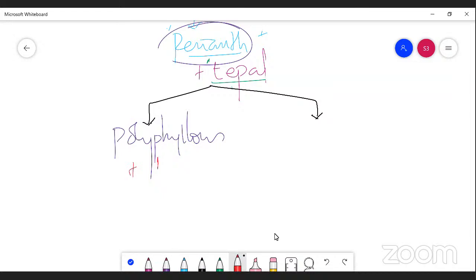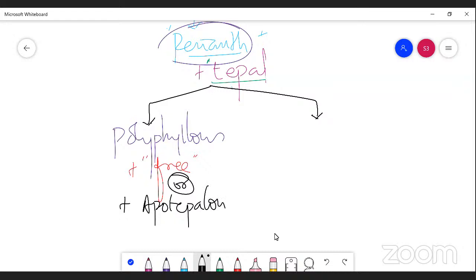Dear student, please understand, the tepals are free. They are not fused at the base, right? It is called polyphyllous or apotepalous. Apotepalous means the tepals are freely originated. I mean, the group of tepals called a perianth are originated freely. That is called apotepalous. It is also called polyphyllous.